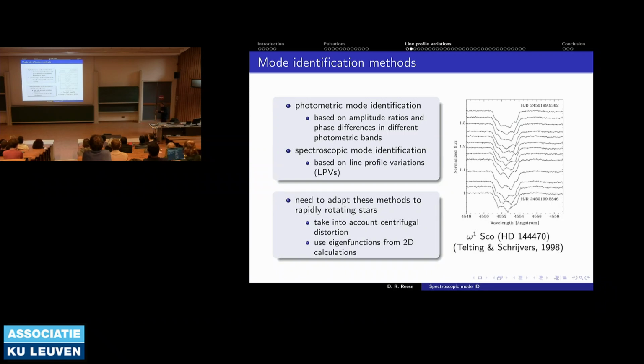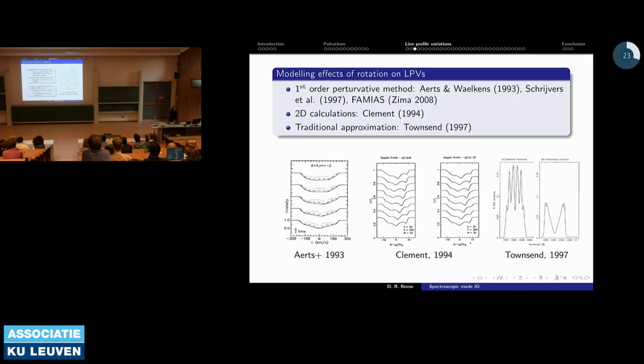We need to take into account the centrifugal distortion of the star, and we need to use eigenfunctions based on full 2D calculations, because as we've seen, the geometry of the pulsation mode is no longer the same in these stars. And on the right, here's a plot which shows some line profile variations in this star. You can see these are pretty nice line profile variations.